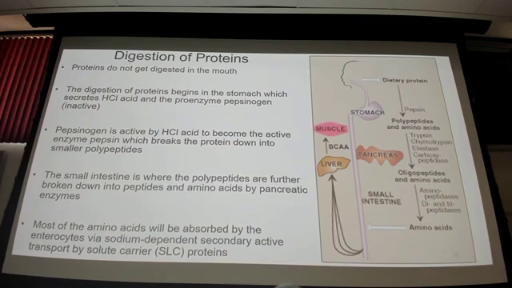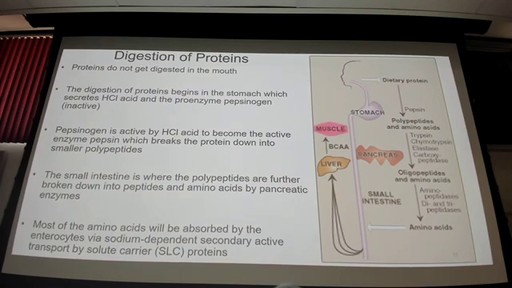Then protein digestion will finish up in the small intestine, where several different enzymes that require a high pH will be activated, and they will break down those proteins into either single amino acids or groups of amino acids that are then absorbed in the body via transport carriers, just like the sugar molecules are.